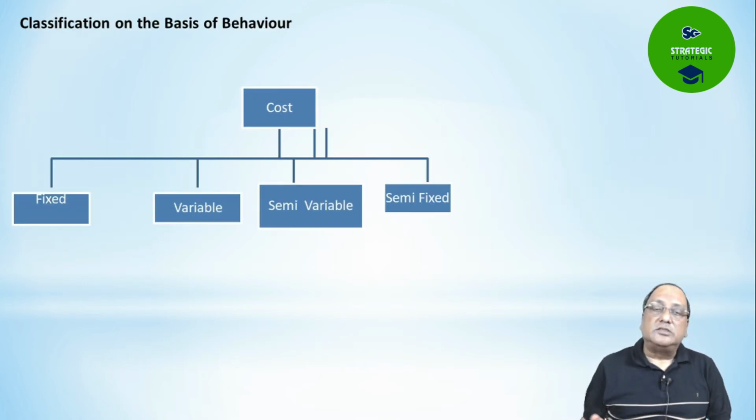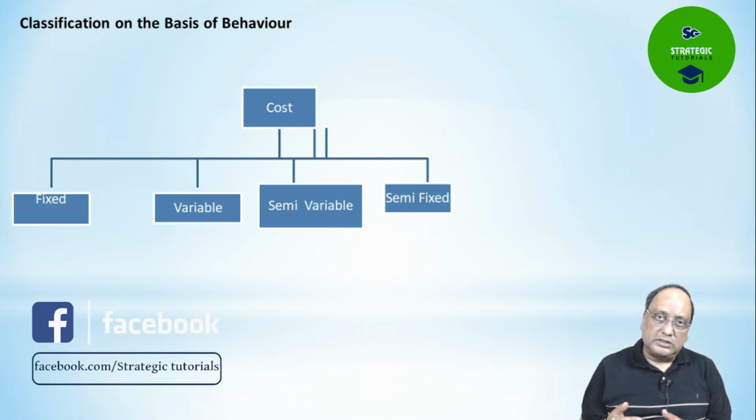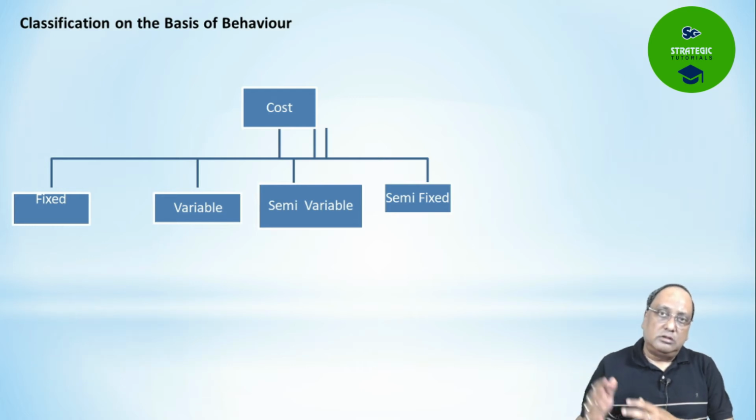Next, on the basis of behavior, cost can be classified into fixed, variable, semi-variable, semi-fixed. You can ask me one question: what is semi-fixed? Fixed cost is fixed cost, so what is semi-fixed? No, fixed cost is not fixed for all times.